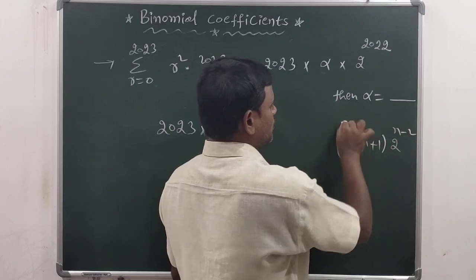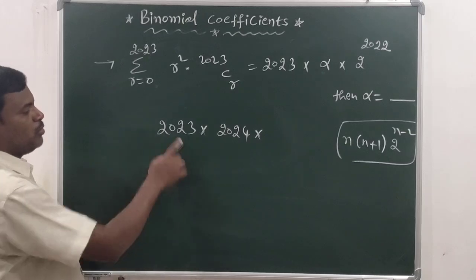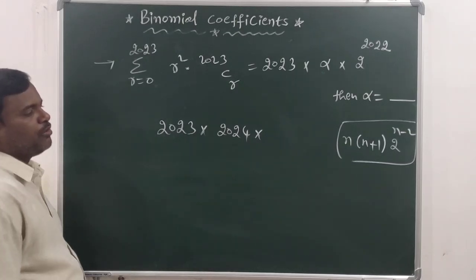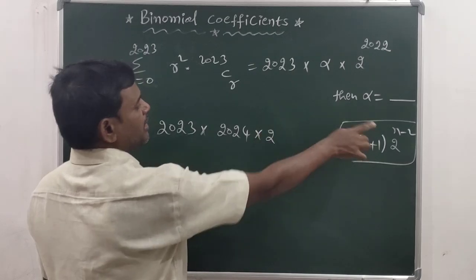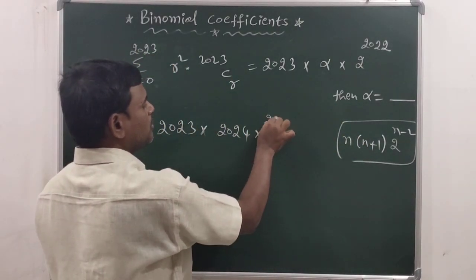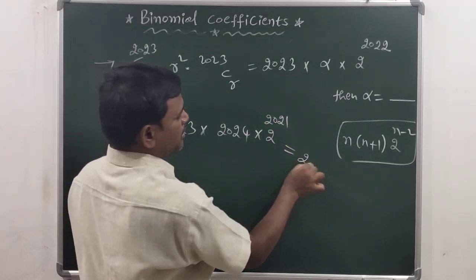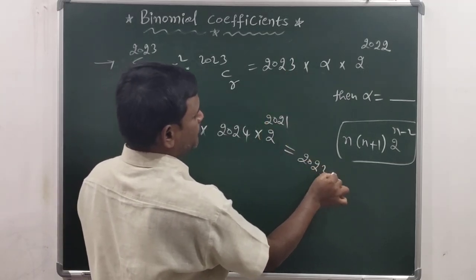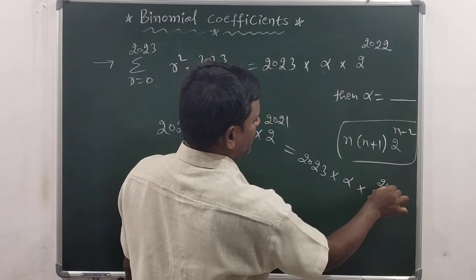So I apply this for the left side: 2023 into 2024 into 2 power n minus 2. n minus 2 means 2023 minus 2, which becomes 2021, which is equal to the RHS: 2023 into alpha into 2 power 2022.